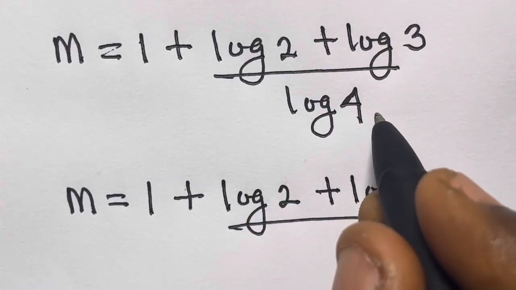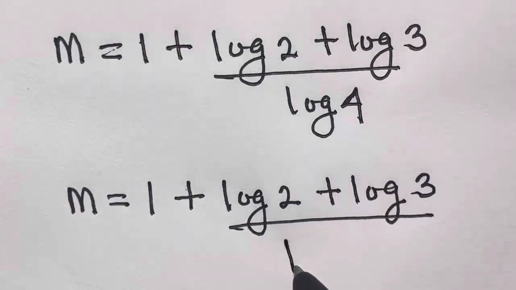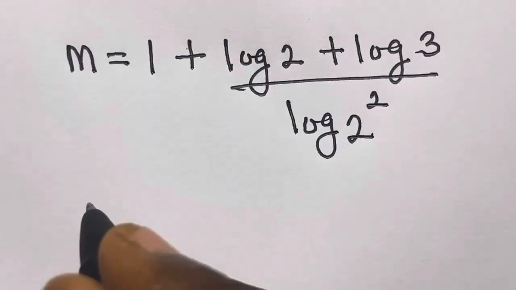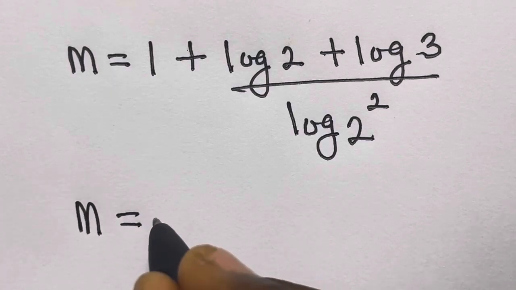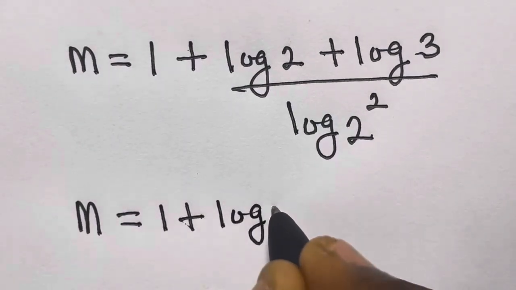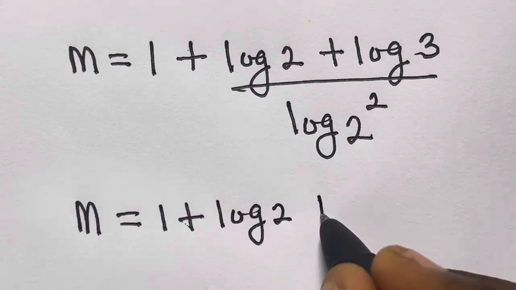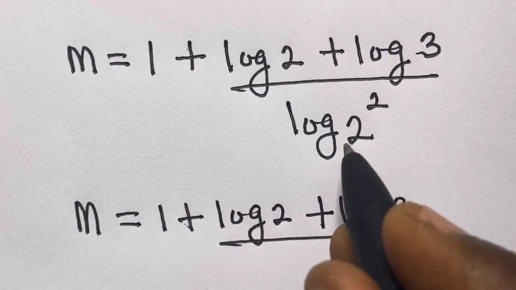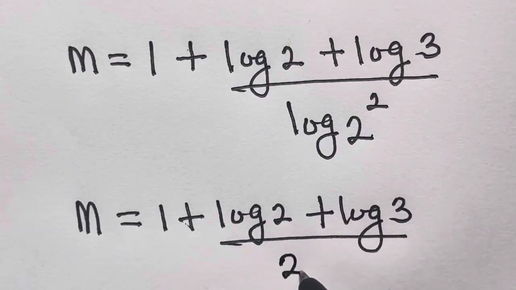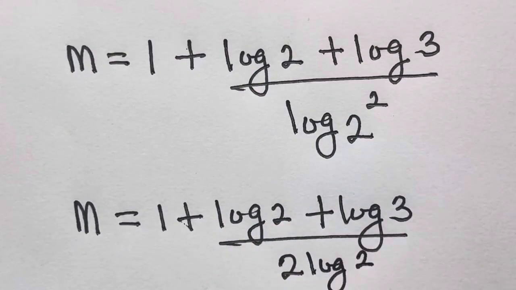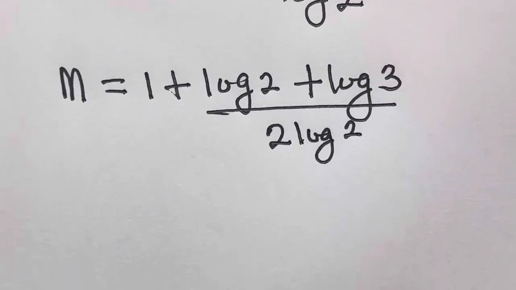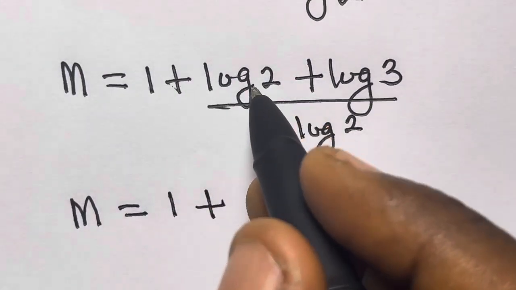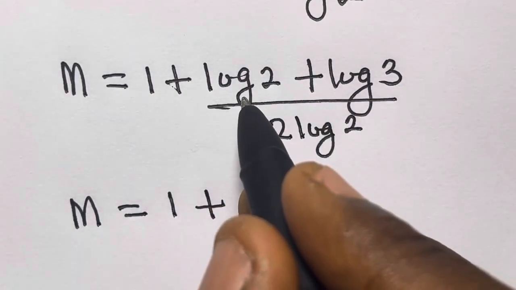Now 4 can be expressed as power of 2, right? So we express it as log 2 raised to power 2. So we have m equals 1 plus log 2 plus log 3, then divided by, from the power law of logarithm, the 2 comes forward, so you have 2 log 2. Then we distribute this 2 log 2 to both log 2 and log 3.